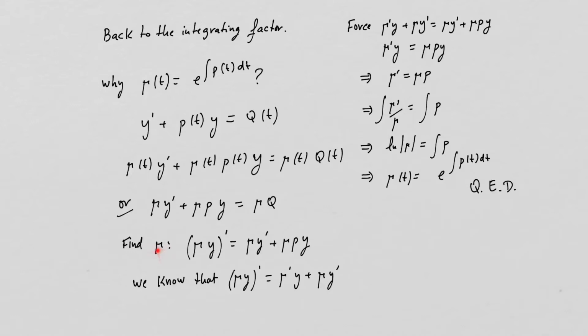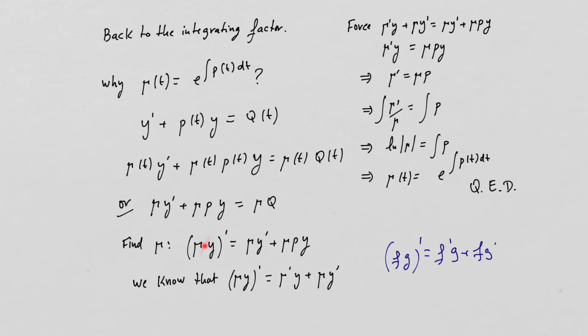We're trying to find mu such that mu y prime plus mu p y is the derivative of mu y, okay? Now we know from the product rule from calculus, (mu y) prime is mu prime y plus mu y prime. And all I'm trying to say is this: (f g) prime is f prime g plus f g prime, like that.